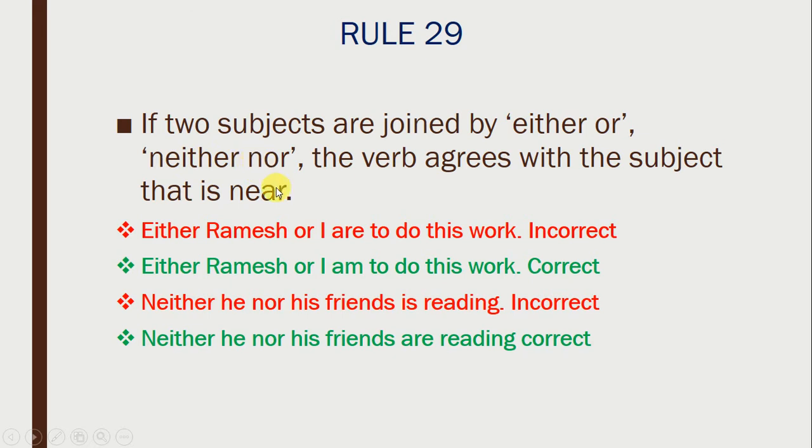So when we are choosing one, you have to just agree with the second subject. And in the previous rule, along with, as well as, we are not choosing one, we are taking both, right? So when we are taking both, just remember that verb will be according to the first subject. So this is the trick to remember.